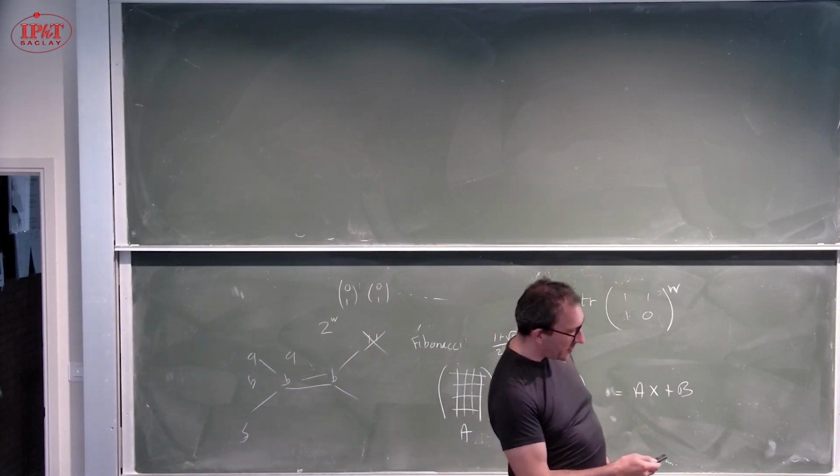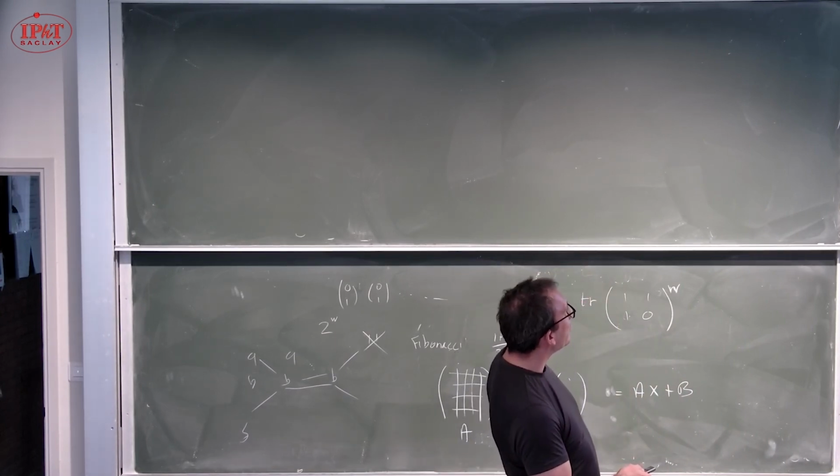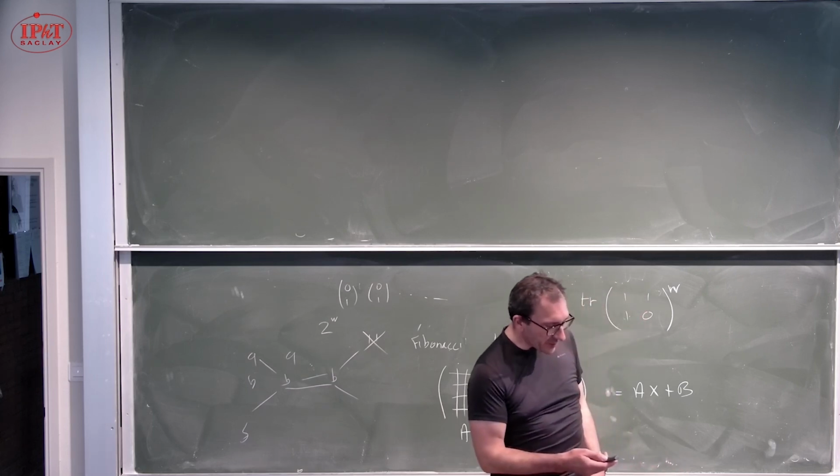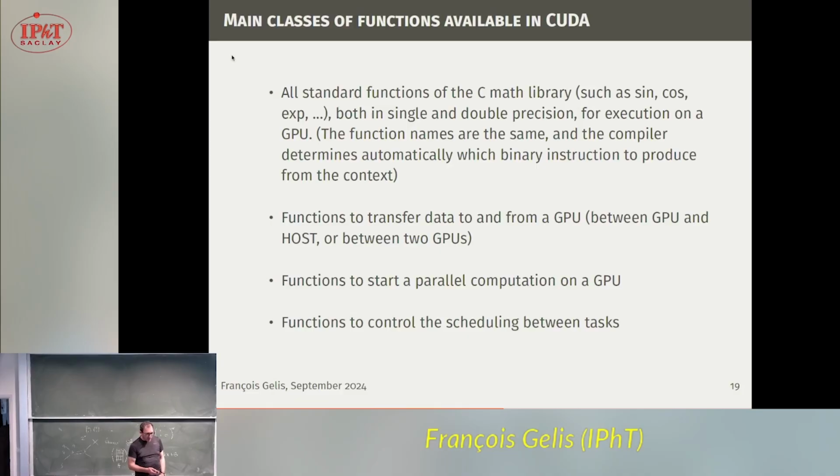Yes, I stopped at this slide before the break. So now I will go a little more into what's available in the CUDA language. There are several types of functions available in this extension. First of all, you have all standard functions that you will find normally in the mathematical library of the C language, so sine, cosine, whatever.